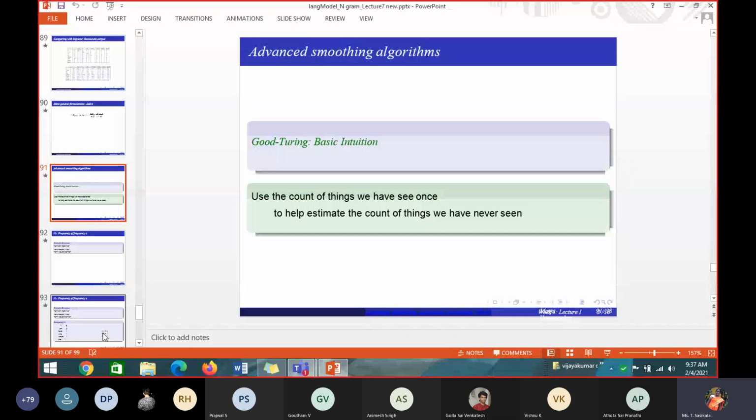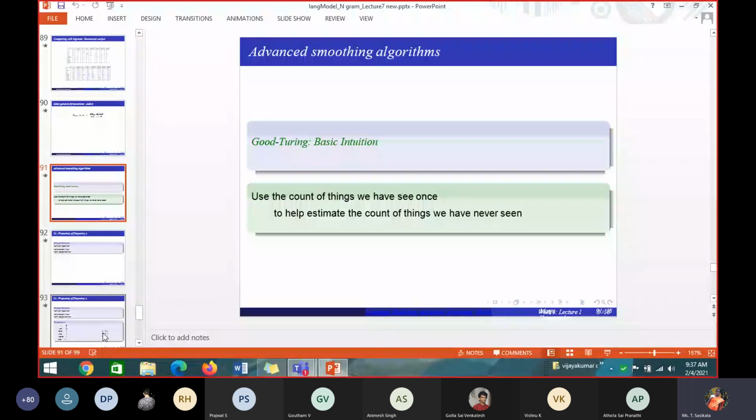The current situation is used to find the previous situation. Start with 0 count, 1 count, 2 count, 3 counts, 4 counts. The 0 count value is calculated from the next one, the 1 count value. The count of words occurring one time in the corpus is used in Good Turing to find the probability of the 0 count words.